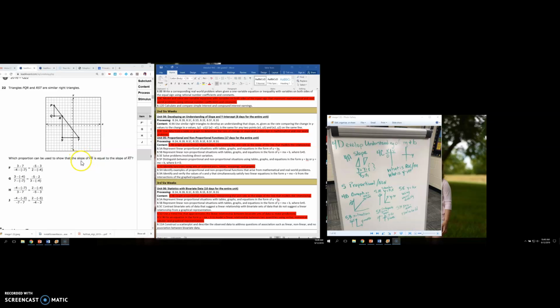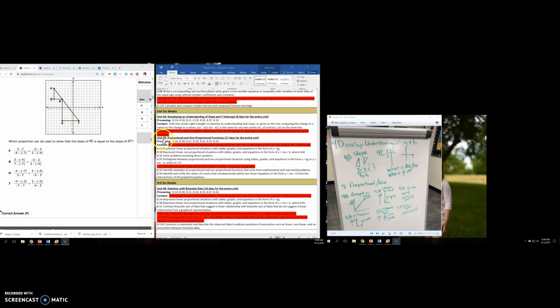Identify this language of slope, and that it's what is here on our graph. Okay. So then 4C starts to talk about using the data from a table or graph. So we're just going to be given a table or just given a graph, and having to identify the rate of change or slope.